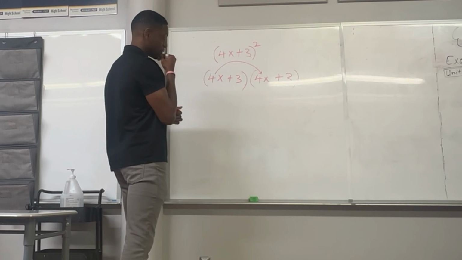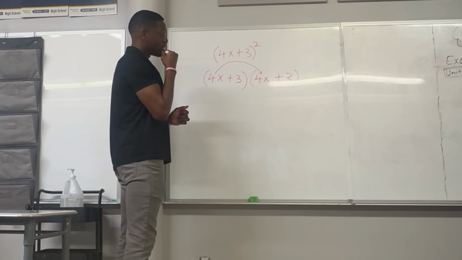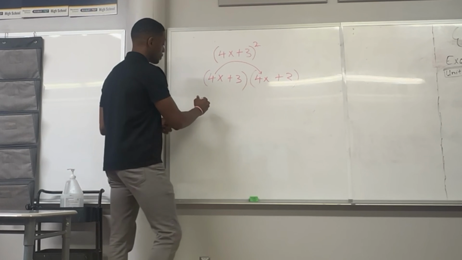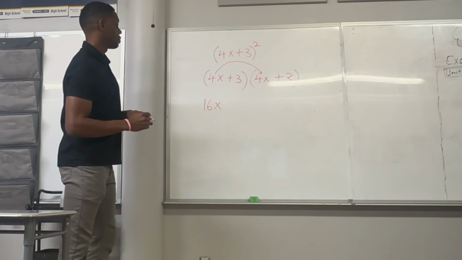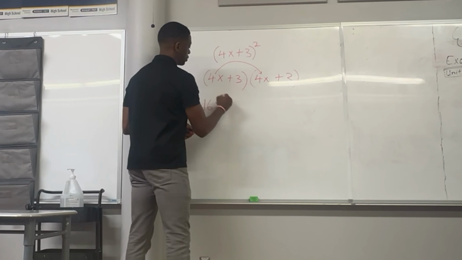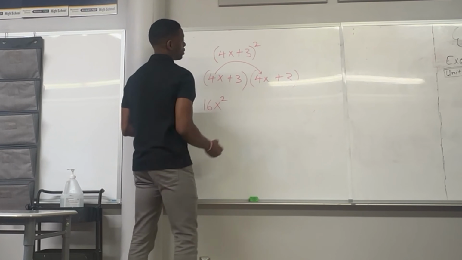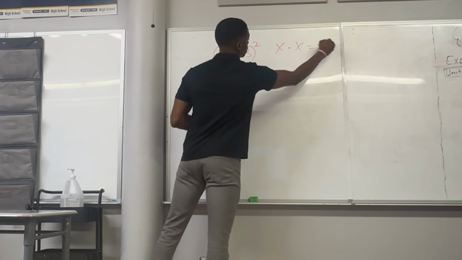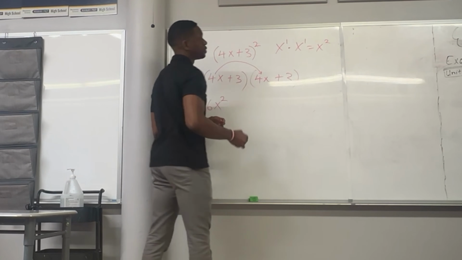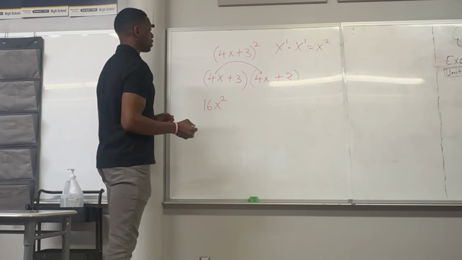4x times 4x. 16 what? 16x what? To the power 2, right? Because there are 2 x's. Remember, x times x equals x squared because there's a 1 here and there's a 1 here. It's multiplication, right? So we're done with that.